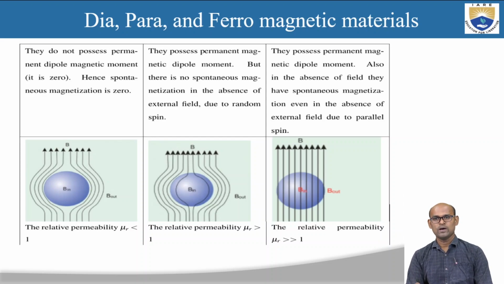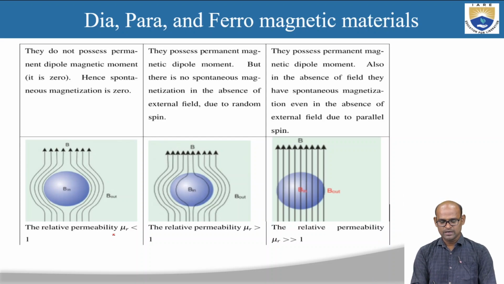Diamagnetic materials do not possess a permanent dipole moment, so spontaneous magnetization is also zero. Paramagnetic materials have permanent dipole moments, but their spontaneous magnetization is zero in the absence of an external field, because all the spins are oriented randomly. Ferromagnetic materials have permanent dipole moments and have spontaneous magnetization even in the absence of a field, because all the spins are oriented in a single direction.